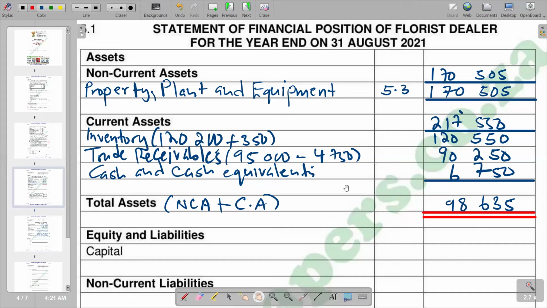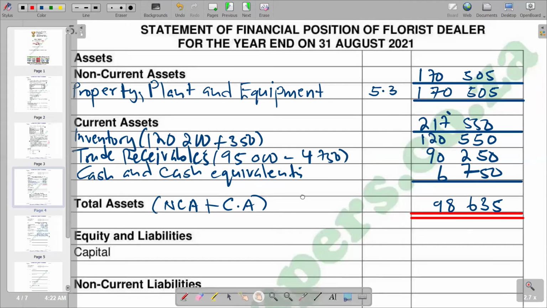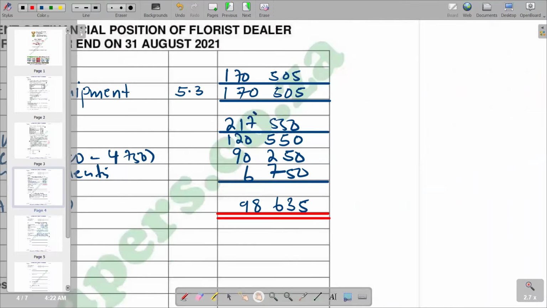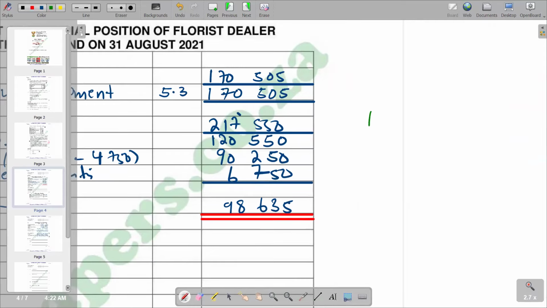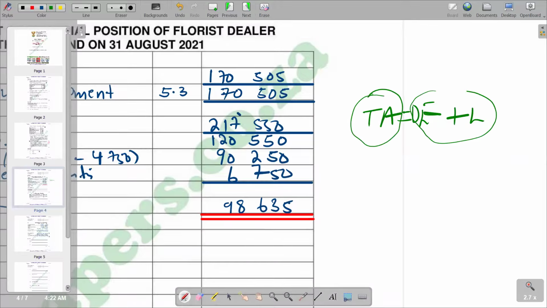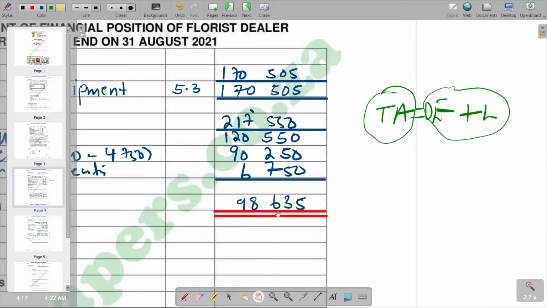So we go down beneath there. Remember, we are trying to comply with the accounting equation, which says total assets is equal to equity, which is our owner's equity, plus our liabilities. So we have completed the first part of total assets. We are now going to find the second total, which is owner's equity plus our liabilities.